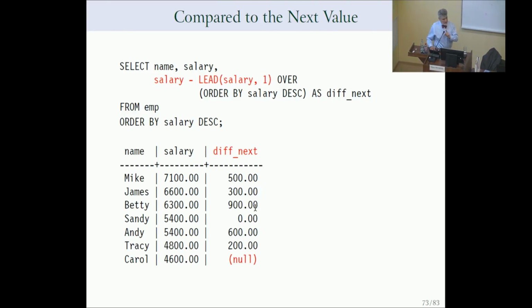James is making $300 more than Betty. Betty is making $900 more than Sandy. Now, Sandy and Andy have the same salary, so Sandy is being paid no more than Andy, okay? Andy's 600 more than Tracy, Tracy 200 more than Carol. Carol, unfortunately, is the lowest paid employee, and there's no one paid less than her, so she would have a null. Kind of interesting.